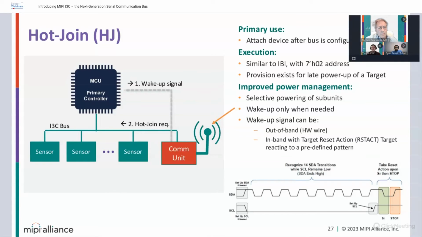So in I3C, there is a possibility to join it live. The feature is called hot join. The way it's done, it's a special interrupt with a predefined code. It's 0x02, by the way. Because the unit that's joining does not have an address yet, this code is reserved to say, okay, there is somebody who has joined the bus and wants to become active.